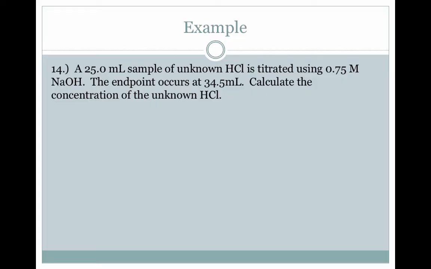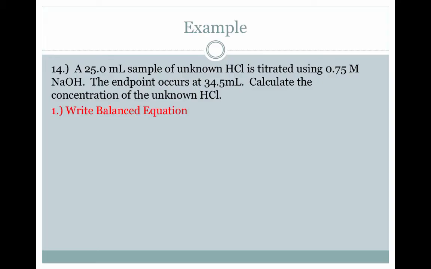Since we're told that we have a 0.75 molar solution of NaOH, we know that NaOH must be our standard or our titrant or our solution of known concentration. We also know that the endpoint occurs at 34.5 milliliters, meaning it took 34.5 milliliters of NaOH to completely react with the HCl. The HCl, on the other hand, is our unknown because we don't know the concentration.